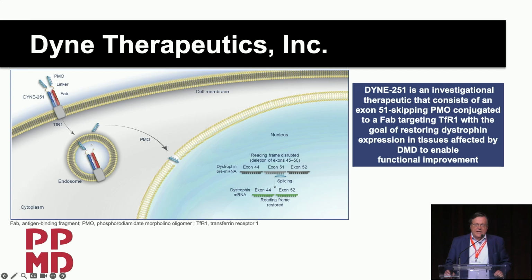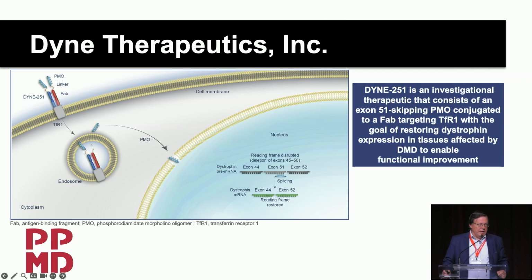What Dyne and Avidity do, a little differently, is conjugate the active PMO, the active antisense oligonucleotide, to an antibody fragment called the FAB fragment. That FAB fragment binds to the transferrin receptor, and through the natural uptake activity of that receptor, those PMOs are brought into the cell.